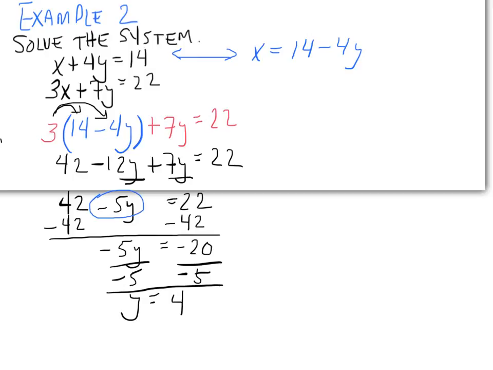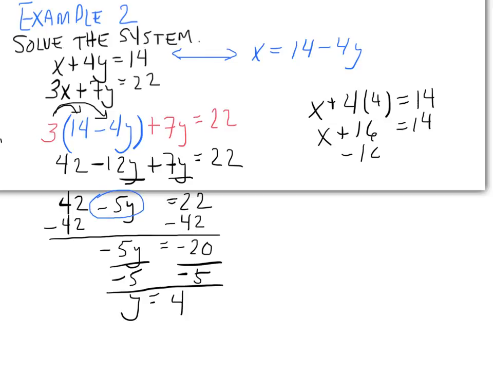So then I'm going to come back up. We've just been working in the 3x plus 7y equals 22. Now I've got to go back into the other equation and plug in y equals 4. So I go back to my other equation. I'm going to plug in the 4 where the y was. And notice I also went back to the original equation. x plus 4 times 4 is 16 equals 14.